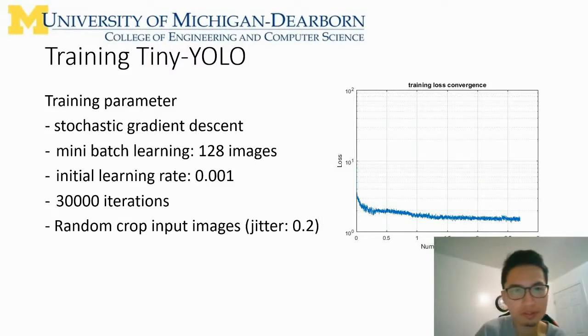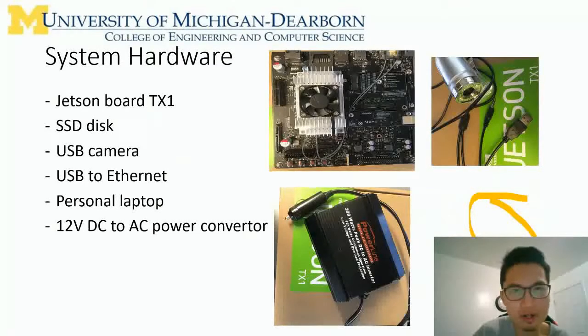Now let's see how the system is set up. The hardware is the Jetson TX1 and an SSD disk to increase the disk space of the TX1, because originally the TX1 has just 16 gigabytes of disk space.